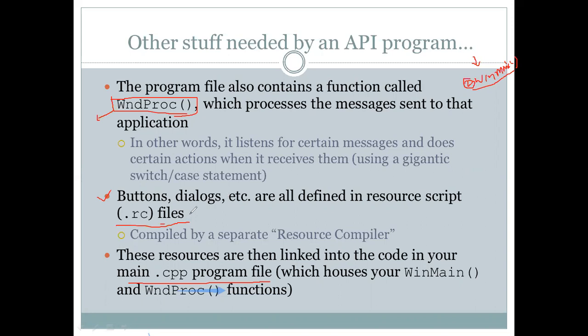All these tools are present in this file, and these tools are linked to the Windows API or main function while compiling this resource file. Whenever you compile or execute this main program, this resource file is automatically linked to the program that will be used in the WinMain function or WinProc function.